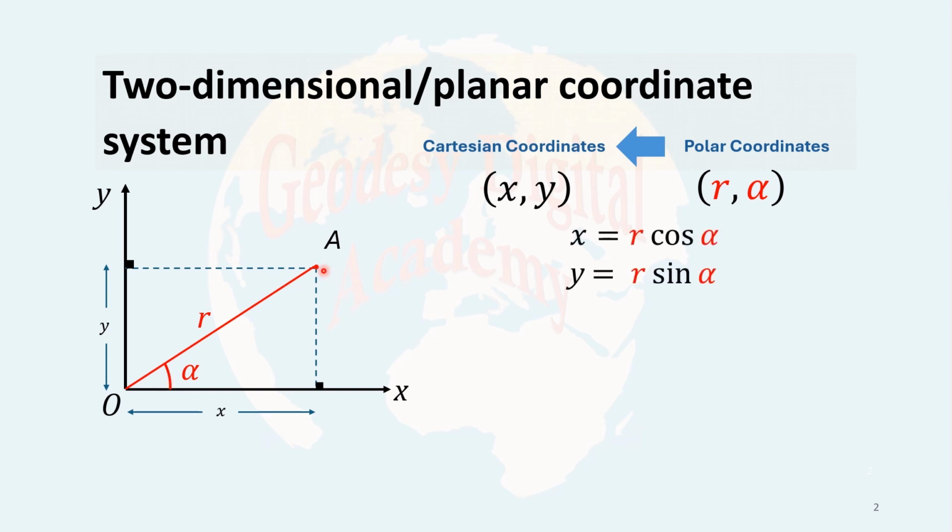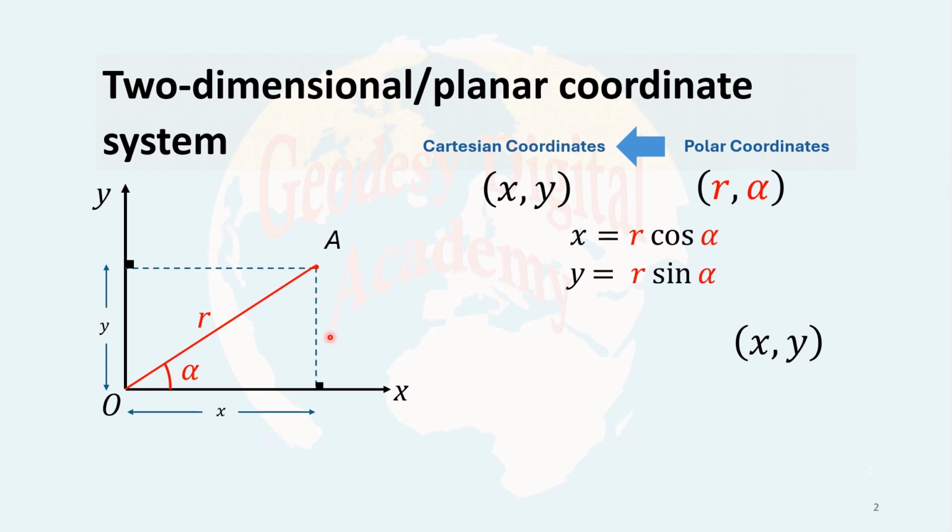And y will be R sine of alpha, which is the side in front of the angle. So with a simple trigonometry, we can convert the polar coordinates to Cartesian coordinates.